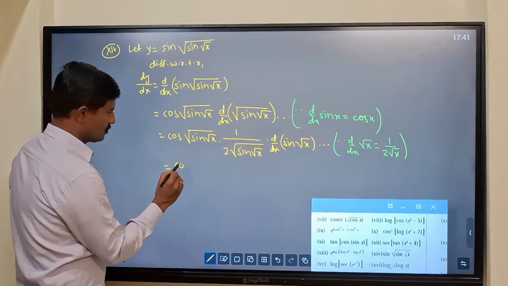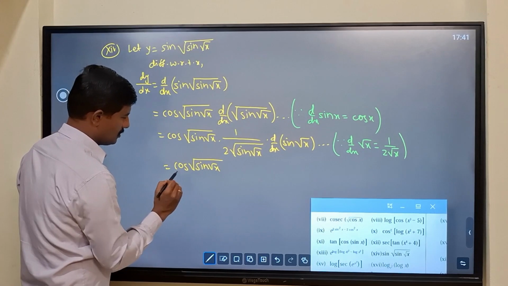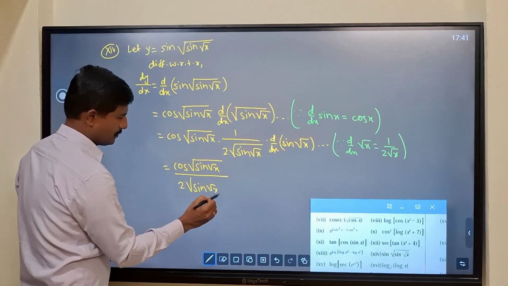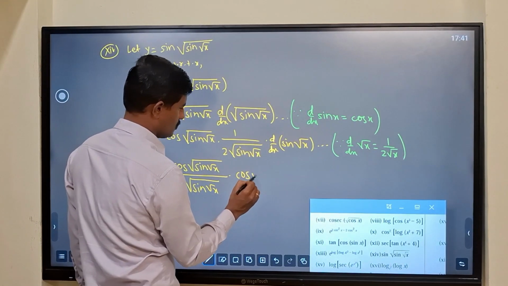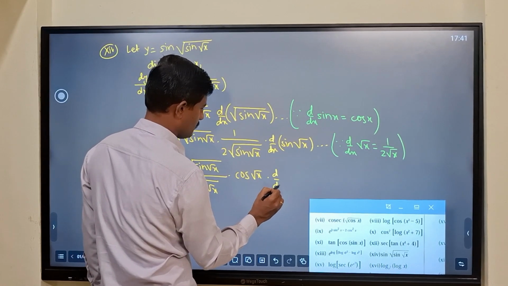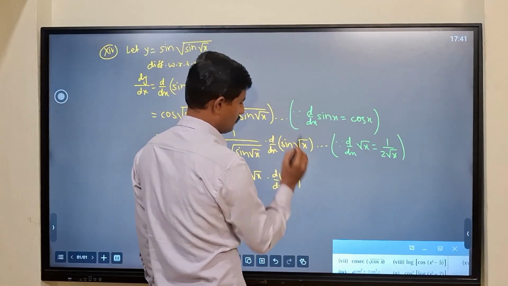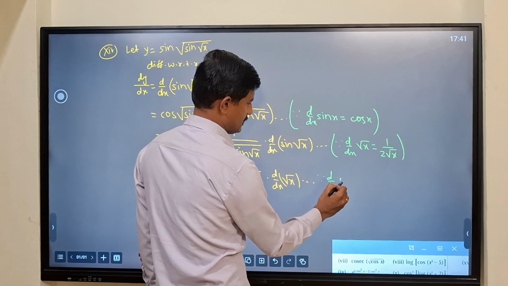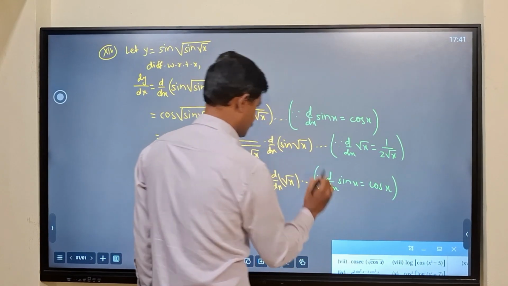Now next, cos of root of sine of root x upon 2 root sine of root x. Differentiation of sine is cos of root x, d dx of root x. Again, we used that first formula d dx of sine x is equal to cos x.